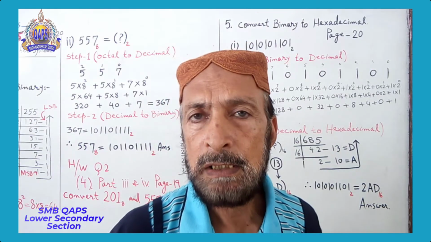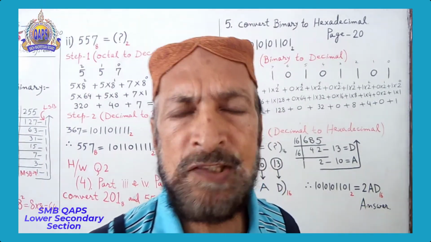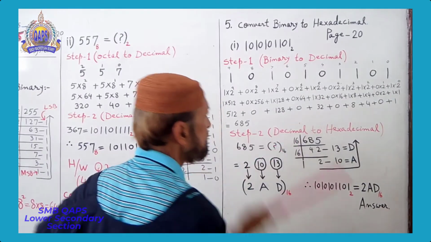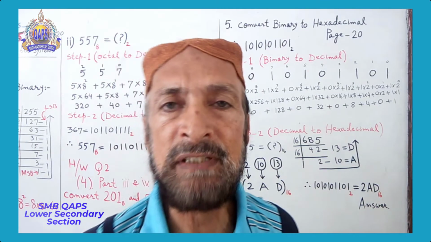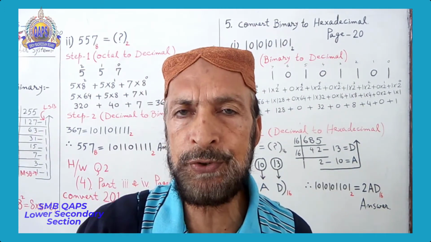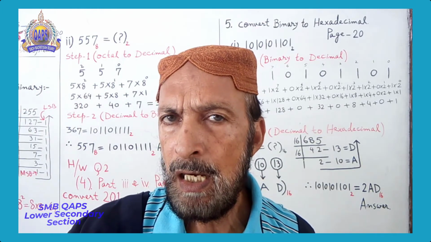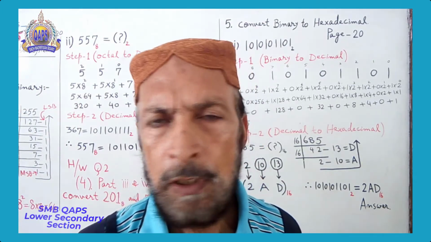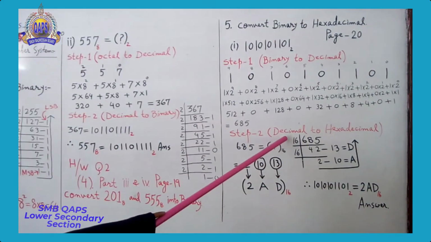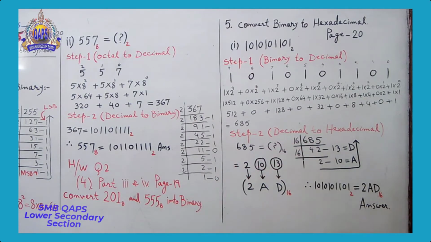Because the base power of hexa is 16. This is what I taught you many times. Base power of hexa is 16. Now divided by 16. 16 fours are 64.